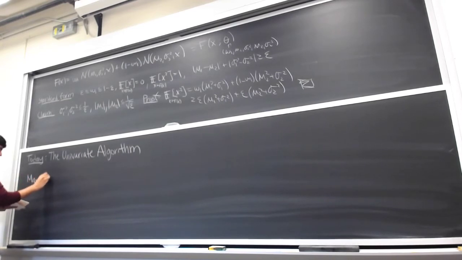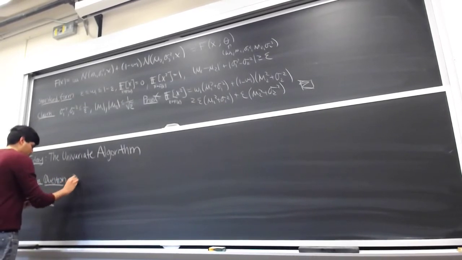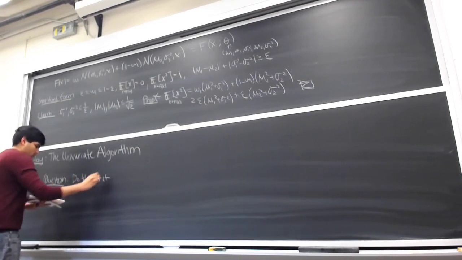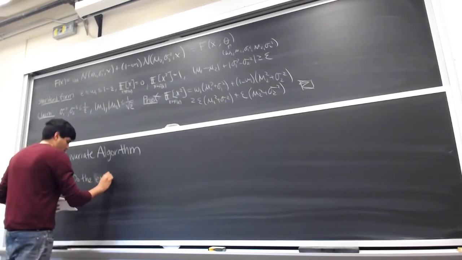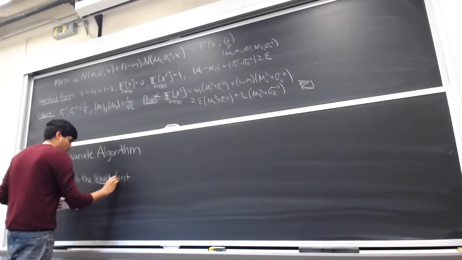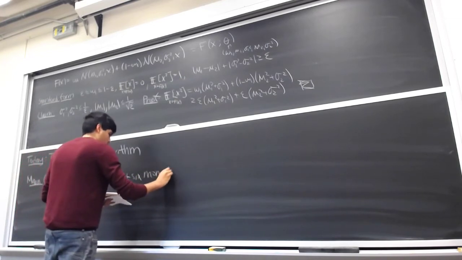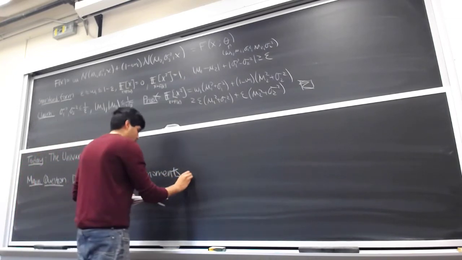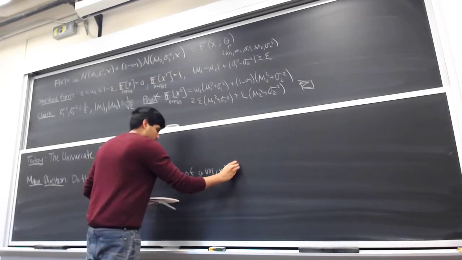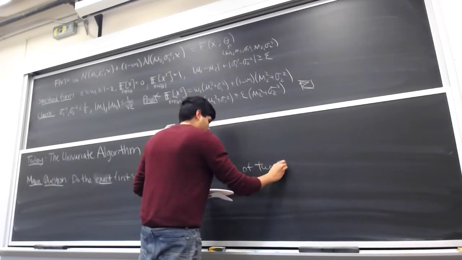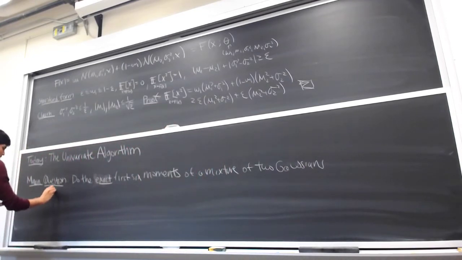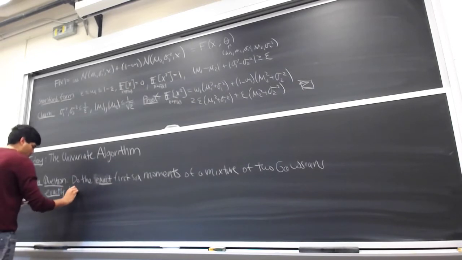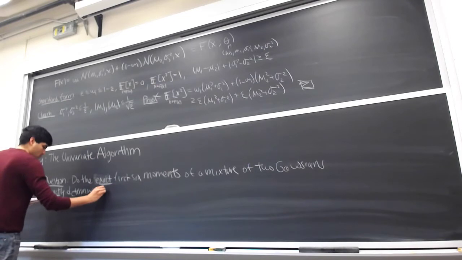So the main question which we're going to answer today: do the exact first 6 moments of a mixture of two Gaussians exactly determine its parameters?